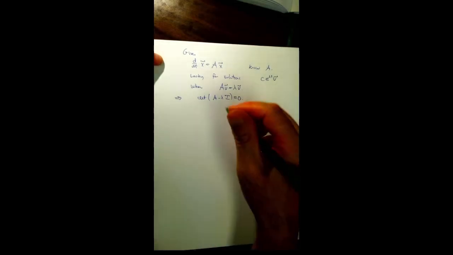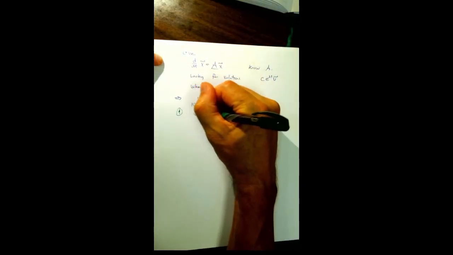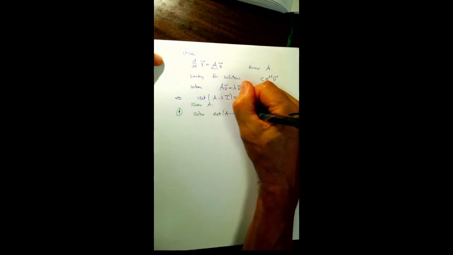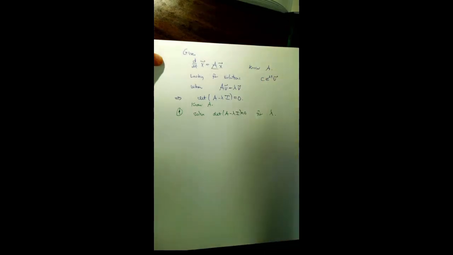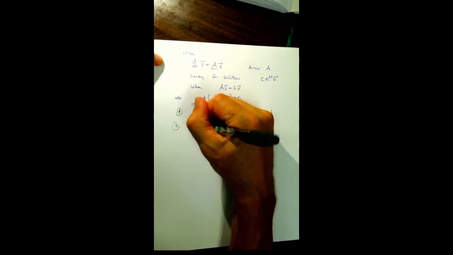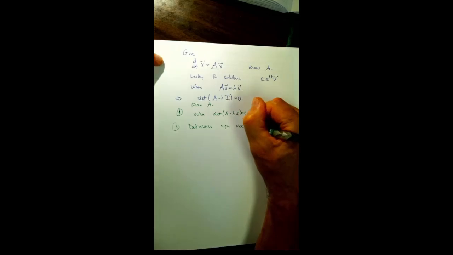So the way the game is going to proceed is the following. We're assuming we know A. The first thing we're going to do is solve this thing for lambda. After we do that, we're going to determine the eigenvectors.